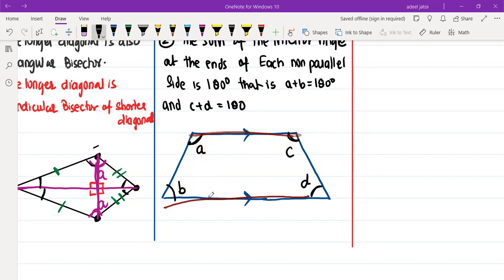This is parallel to this line. So the two angles will make a sum of 180 degrees.